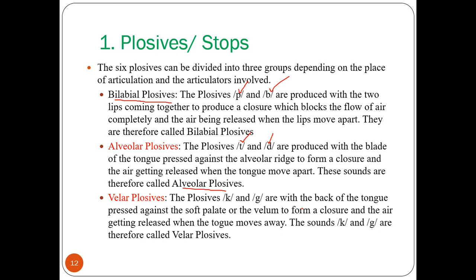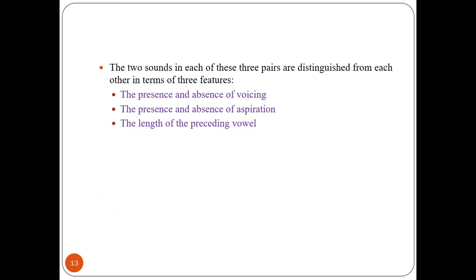So the sounds k and g are therefore called velar plosives. With a complete 3-term description, this is voiceless velar plosive or stop, and this one is voiced velar plosive or stop.